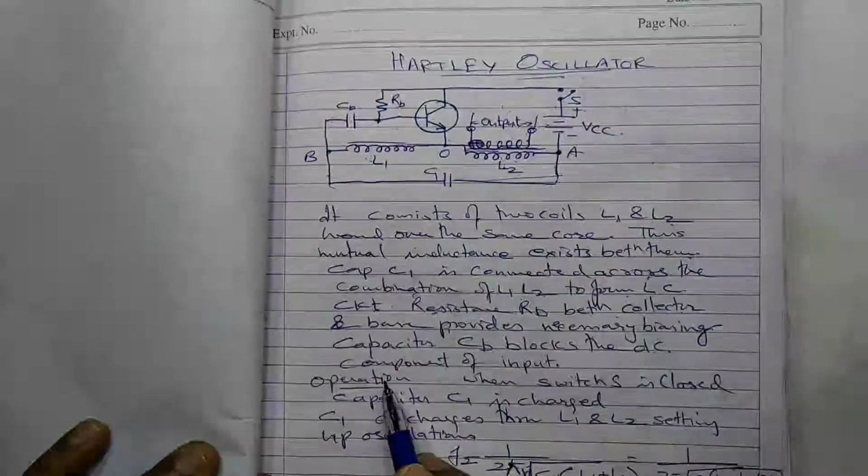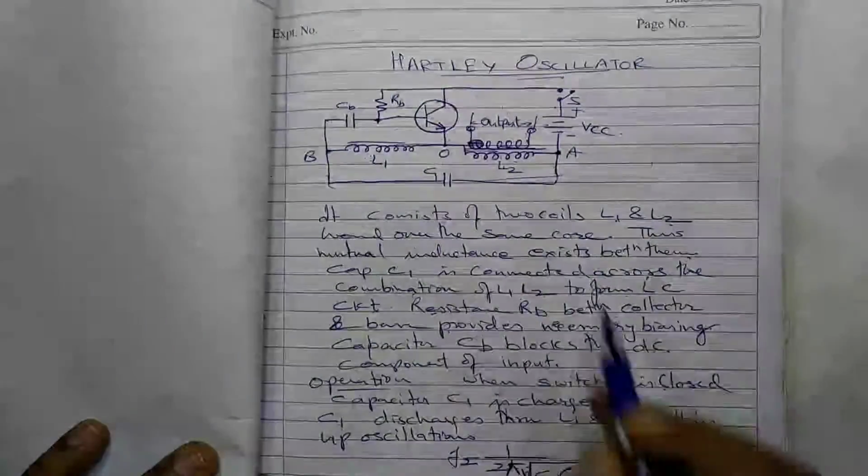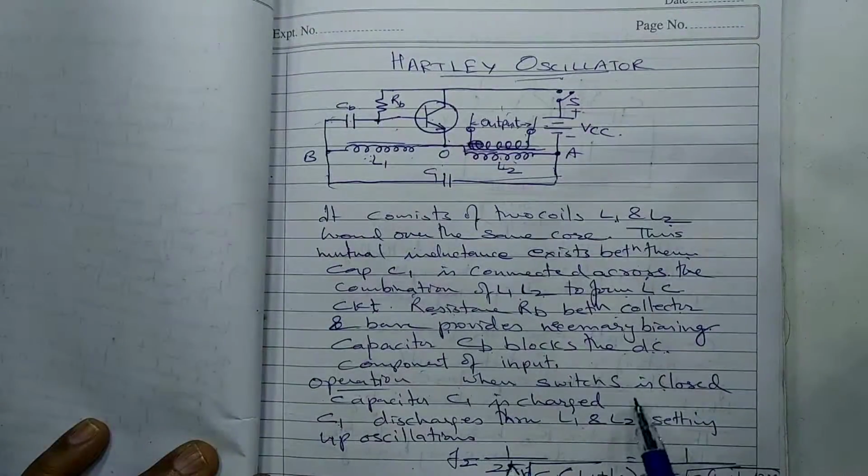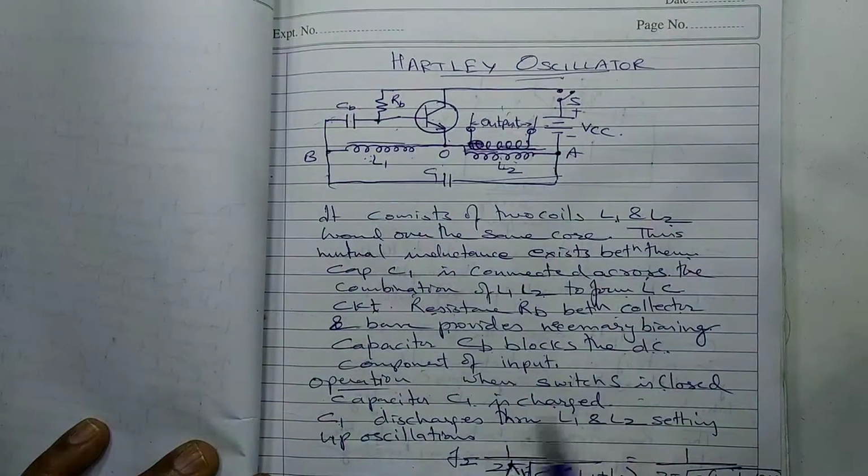Now operation. When the supply switch S is closed, capacitor C1 is charged. C1 discharges through L1 and L2, setting up oscillations.